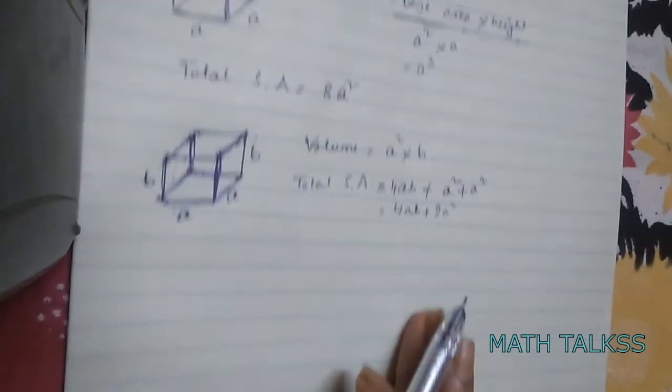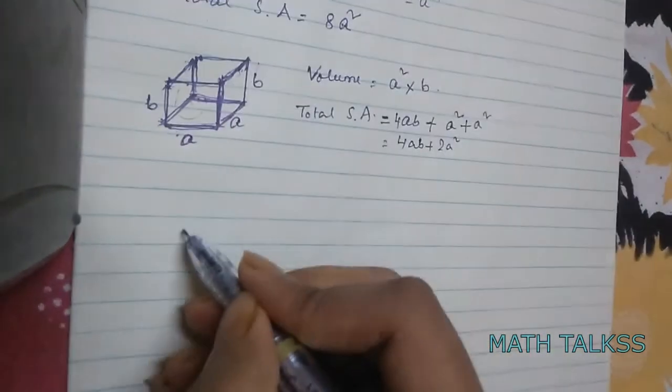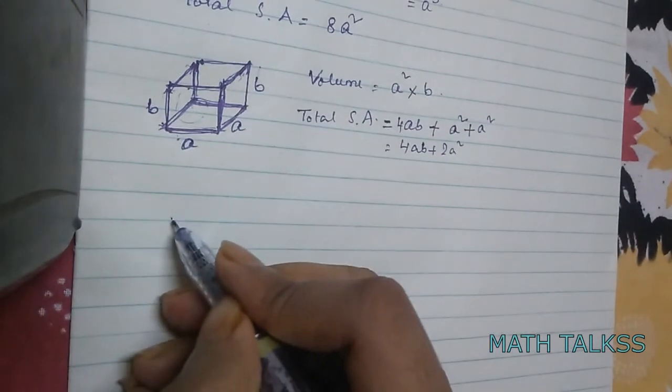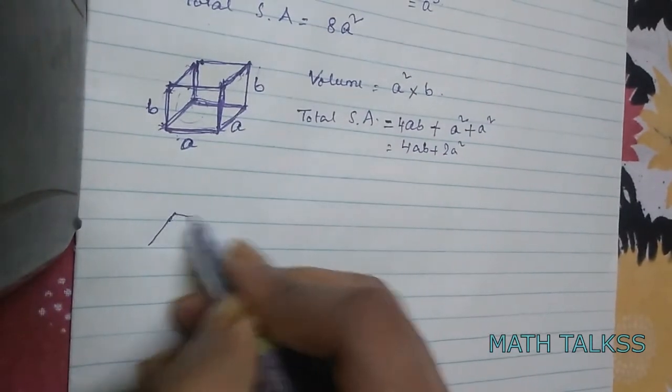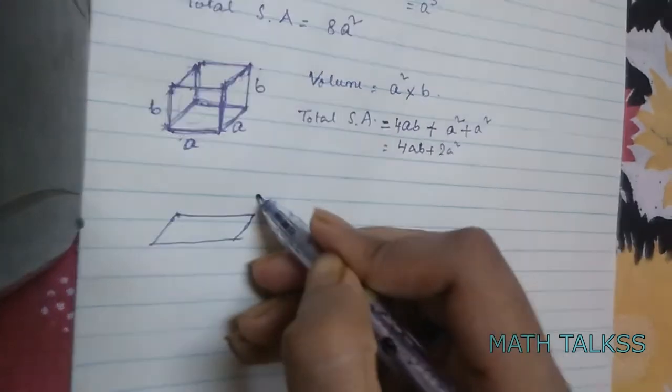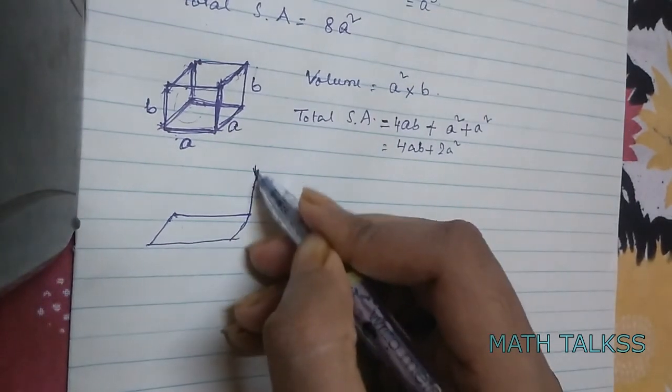Now comes the condition of the cuboid. A cuboid is a geometrical solid having a rectangular base, and it also has a height of a different length.